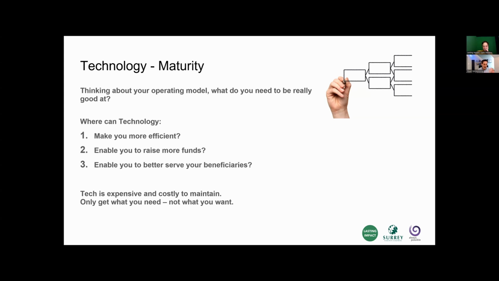They will go away and they will see the latest bit of software that does something amazing, and they will be wowed by it, and they'll be like, oh my God, they've said it can do X, Y, Z, and this is really what my organization needs. And what you really need to think about when you're on a tight budget is: is it actually what your organization needs, or is it just what you think you want?